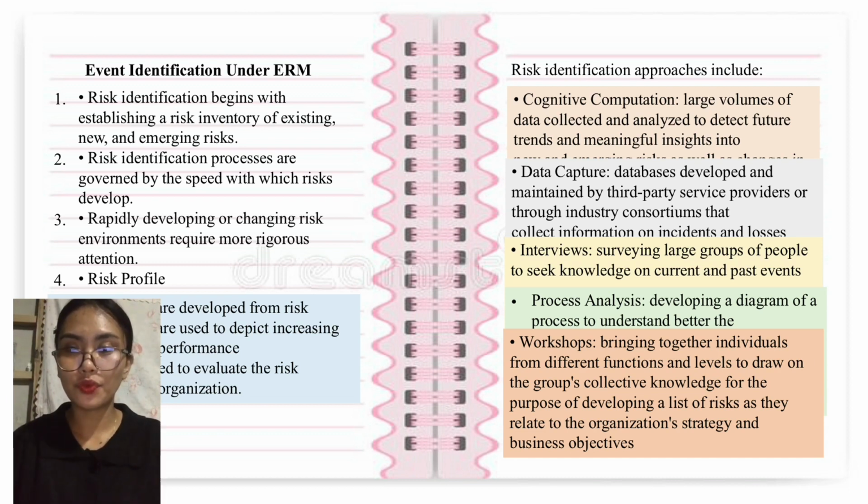The next is workshops, bringing together individuals from different functions and levels to draw on the group's collective knowledge for the purpose of developing a list of risks as they relate to the organization's strategy and business objectives. So a workshop generates a list of hazards for the business strategy and goals.